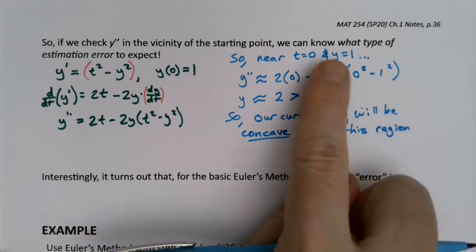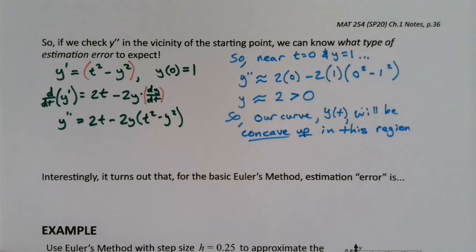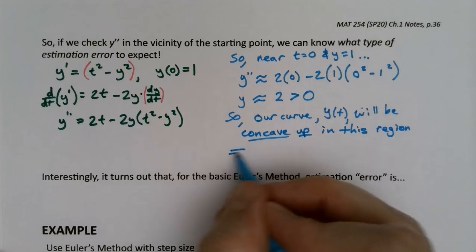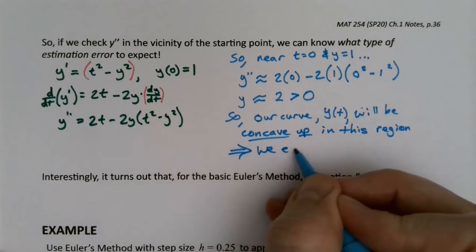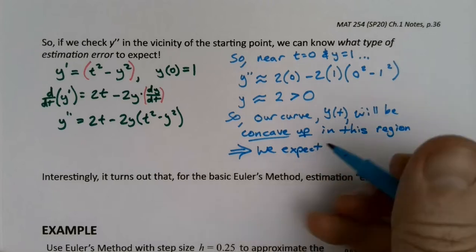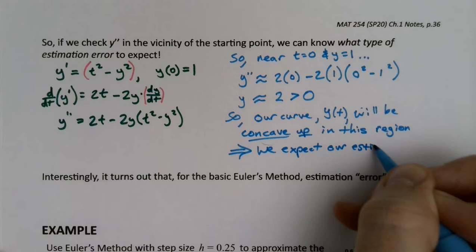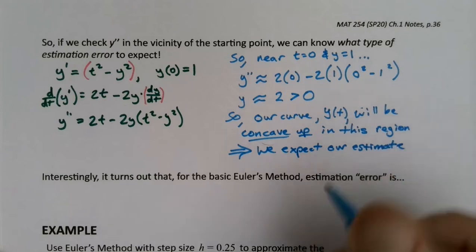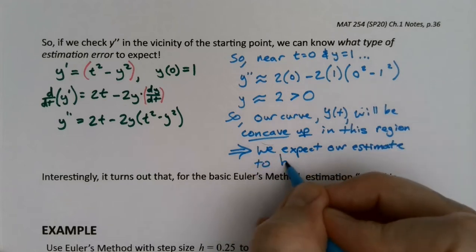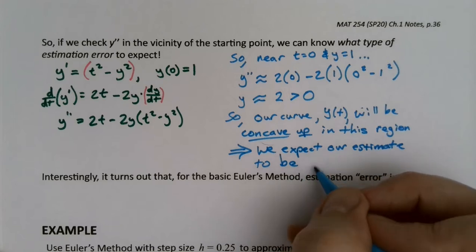Right around t equals 0 and y equals 1, we expect it to be concave up, and that means that we expect our estimate or approximation to always be an underestimate.